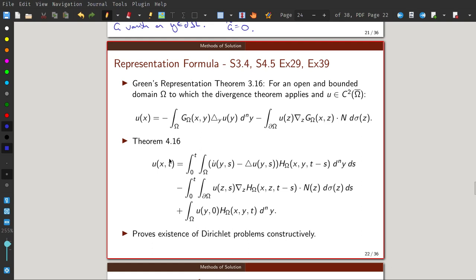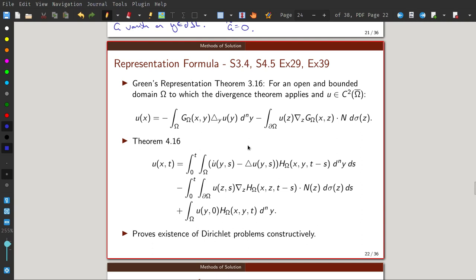Same thing with theorem 4.16. You write any C2 function as something that is in the image of the heat operator plus some term over the boundary and some term at time 0. So this applies to all functions.